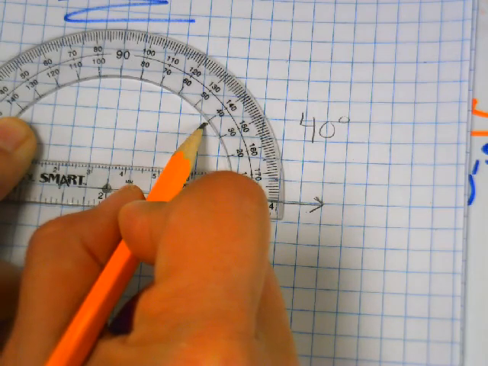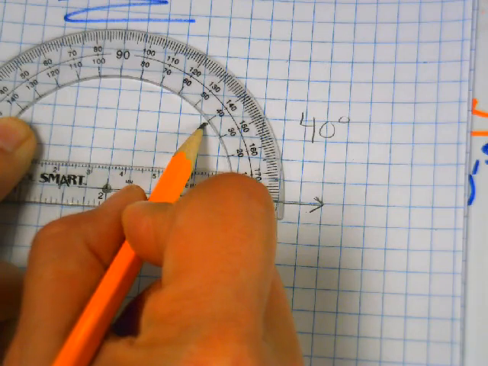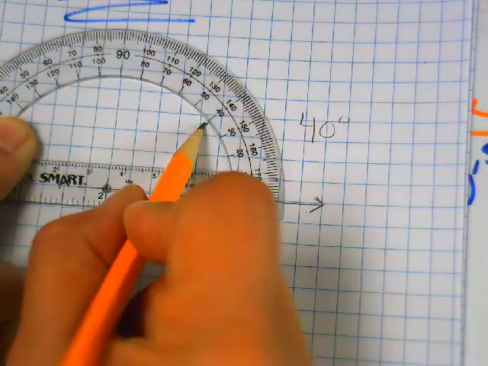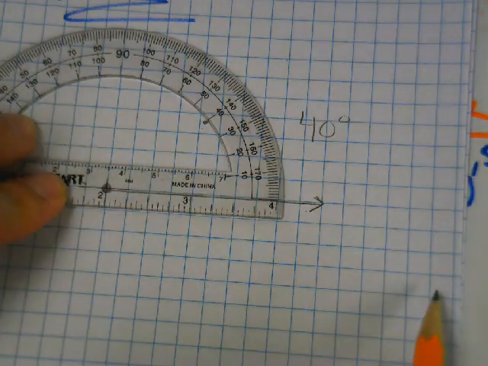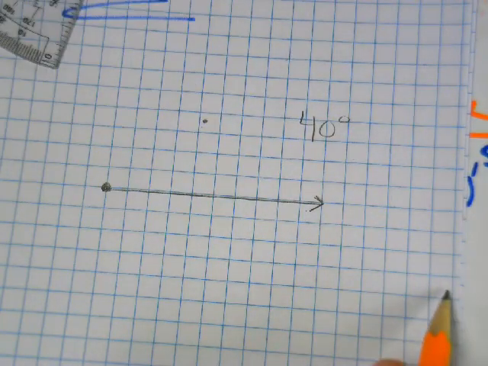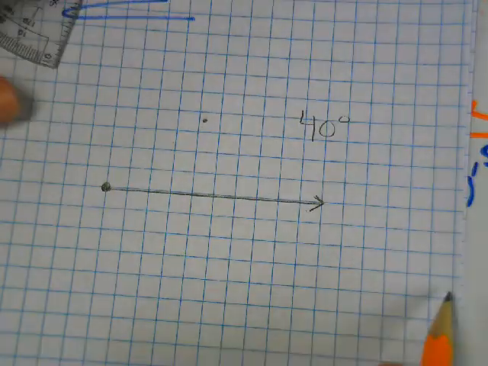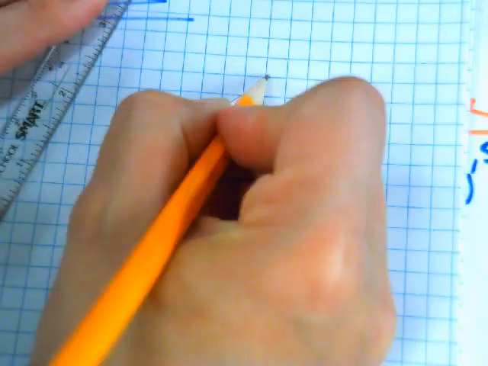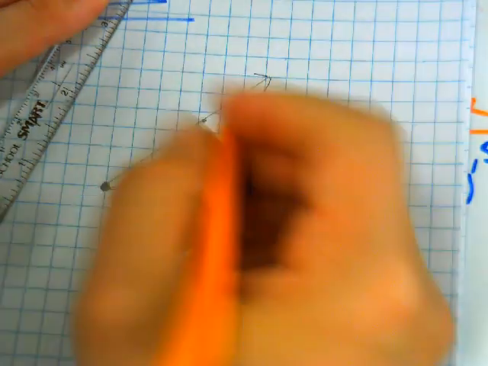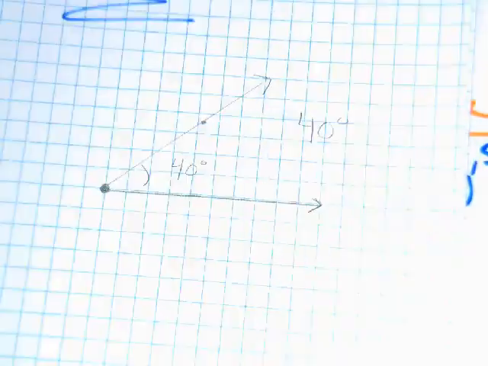They're somewhat on task. Okay, you got the dot? What do you think I want to ask you now? Yeah, so now you can move it and connect your two dots. And here we have a 40-degree angle.